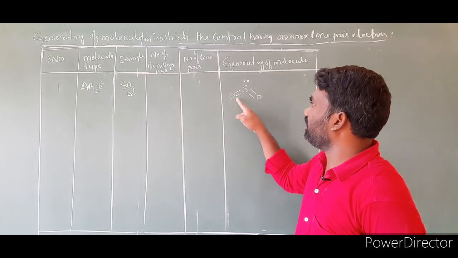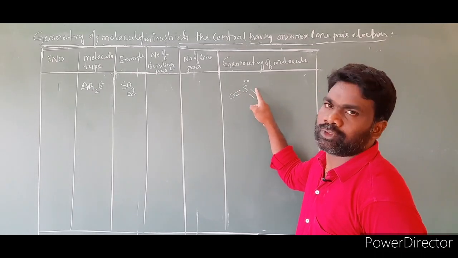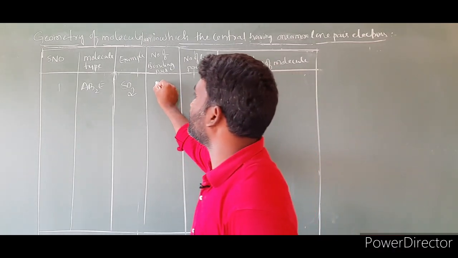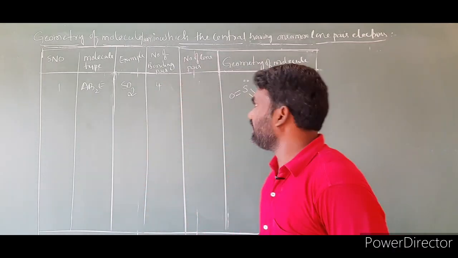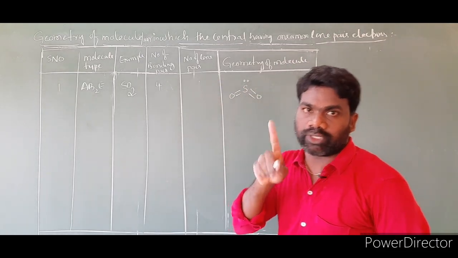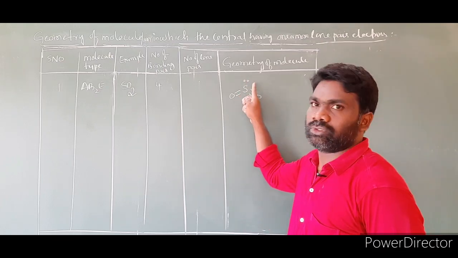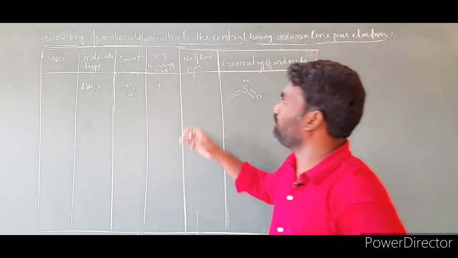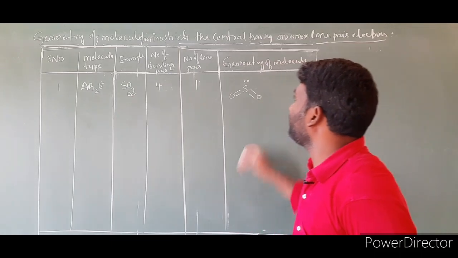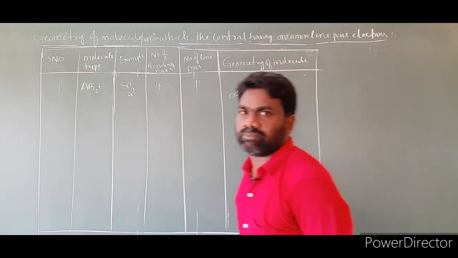This molecule has bond pairs 1, 2, 3, 4. The total number of bond pairs is 4. The number of lone pairs is 1. The number of lone pair electrons is 2, but the number of lone pairs is only one. The shape of this molecule is bent. This is example number 1.